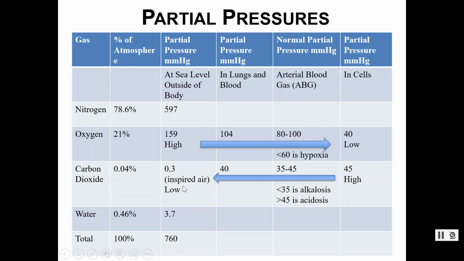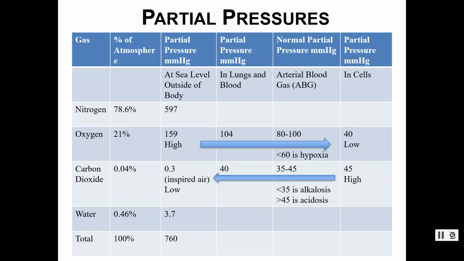Carbon dioxide has a higher partial pressure in your cells compared to outside of your body. Magically, carbon dioxide moves from your cells to outside your body. Again, these partial pressures are helping assist with moving oxygen from outside to inside our bodies and moving carbon dioxide from inside of our bodies to outside of our bodies.